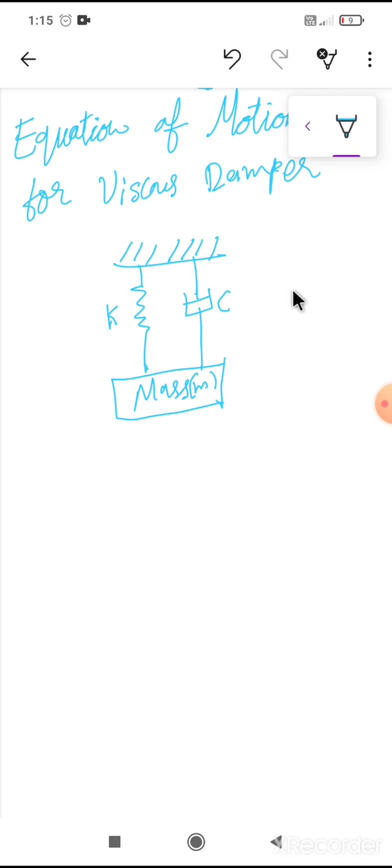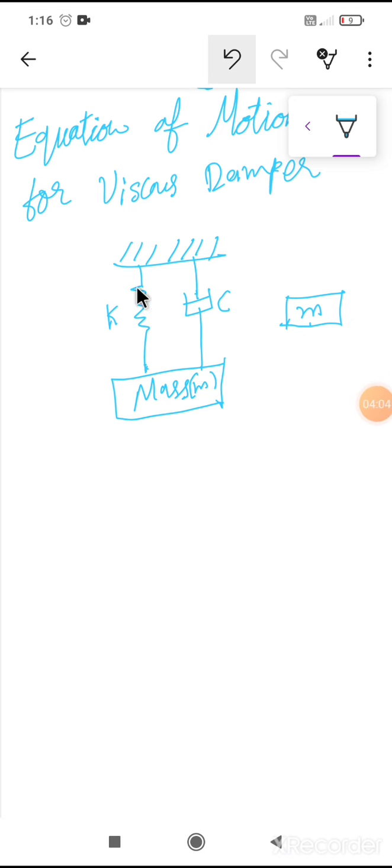So the net force should be equal to 0. If I draw a free body diagram, suppose this is mass M.